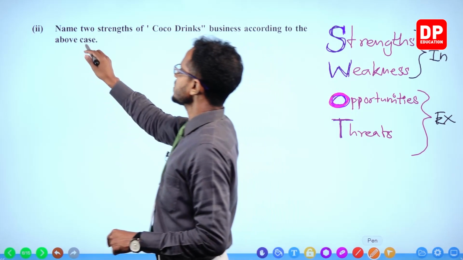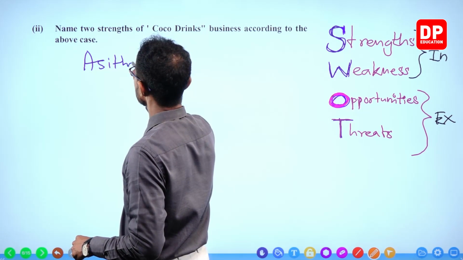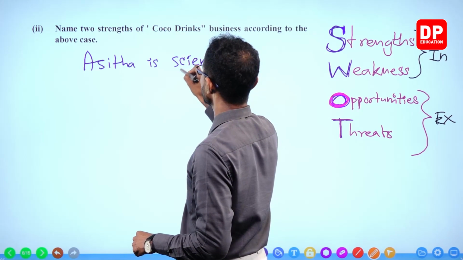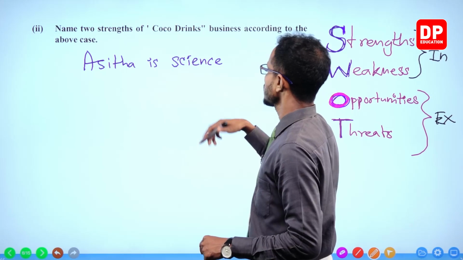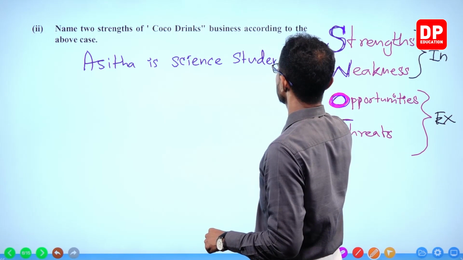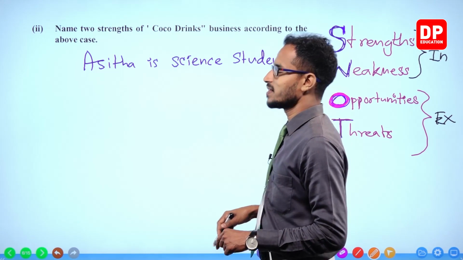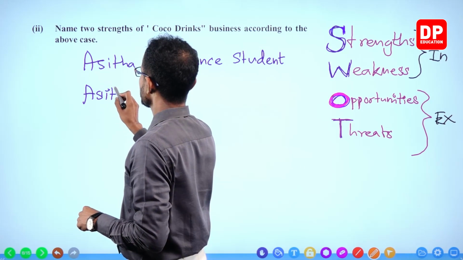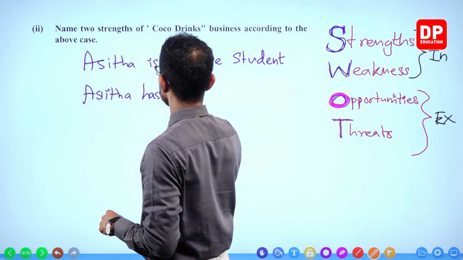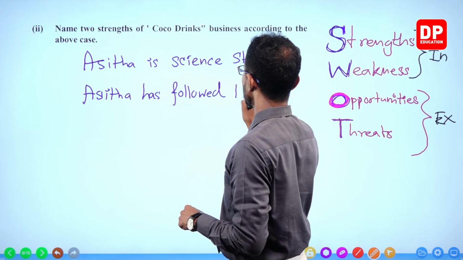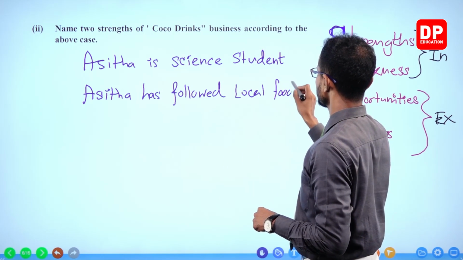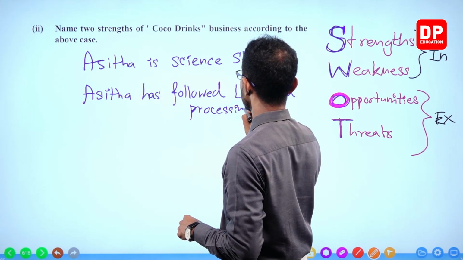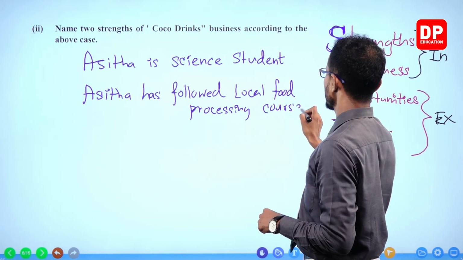Let's write the main things. Asita is a science student. The owner's strengths. Then Asita has followed a local food processing course.